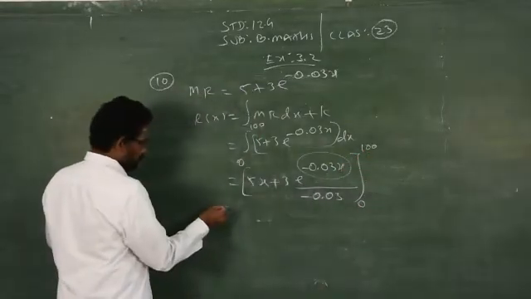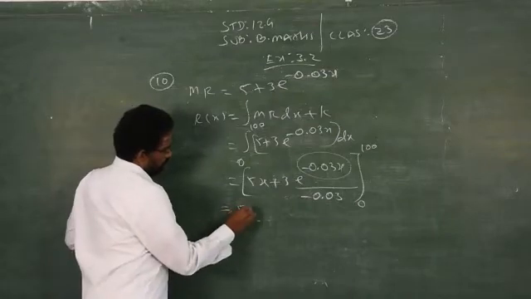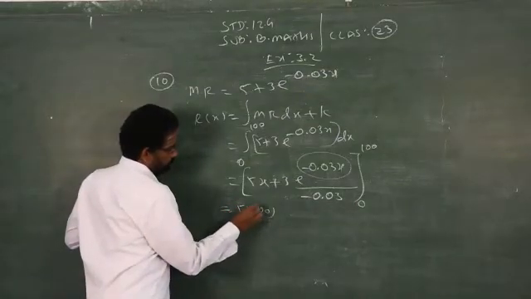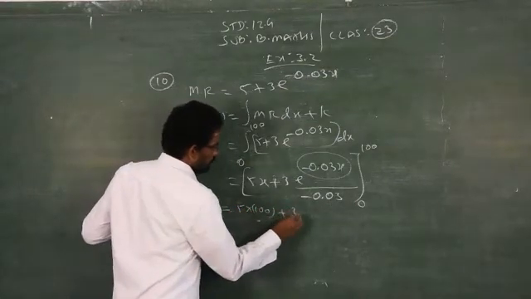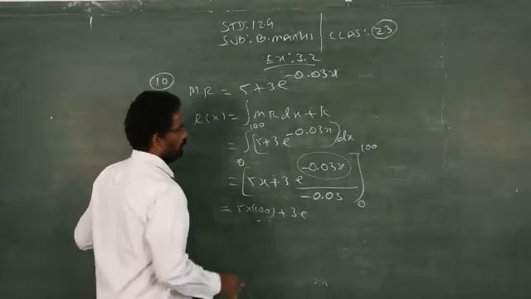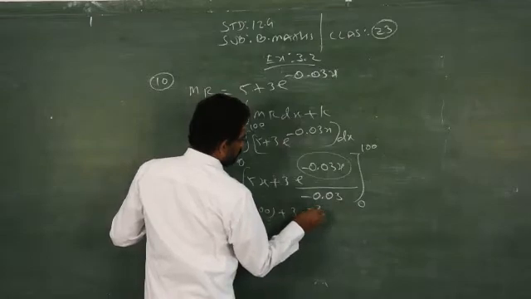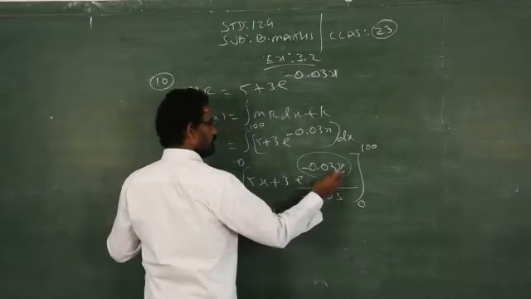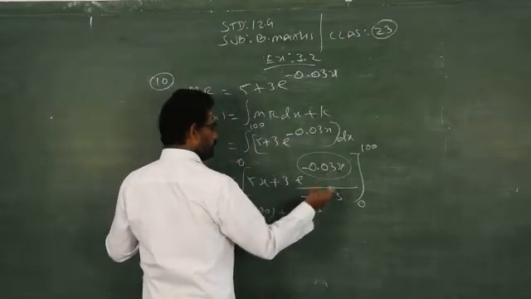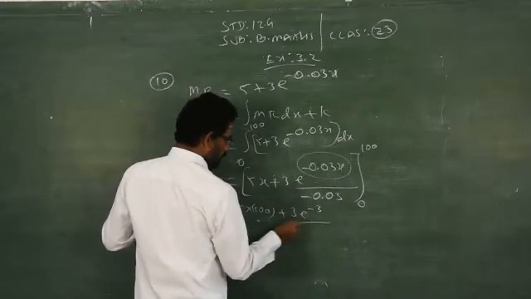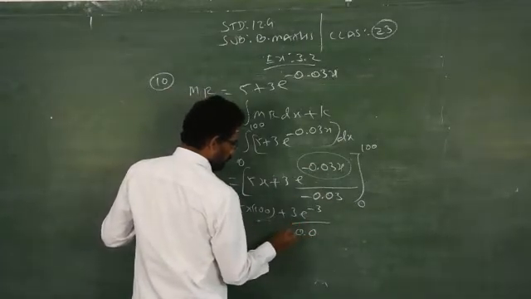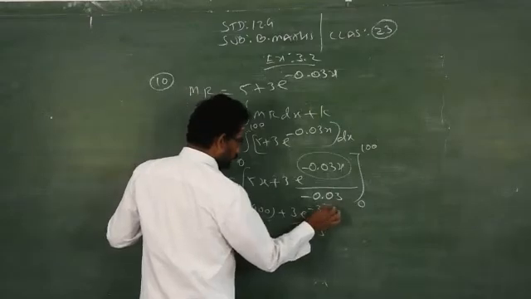So now you have to replace 5 into 100 plus 3 e power. When you replace x by 100, 100 into 0.03 will become minus 3, so minus 3 by 0.03.